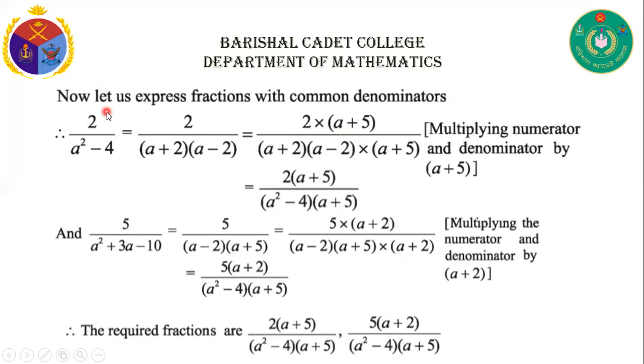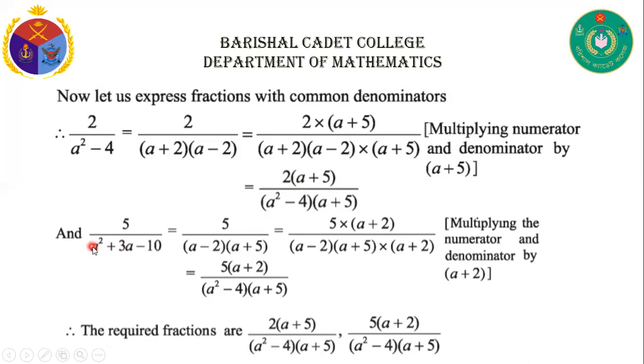Our first fraction is 2 by a squared minus 4, which we write as 2 by a plus 2 into a minus 2. We multiply a plus 5 in the numerator and denominator, so 2 into a plus 5 divided by a plus 2 into a minus 2 into a plus 5, that is 2 into a plus 5 divided by a squared minus 4 into a plus 5.